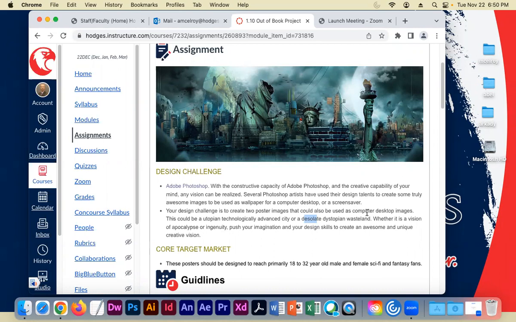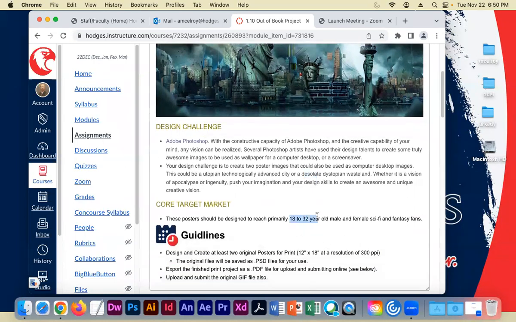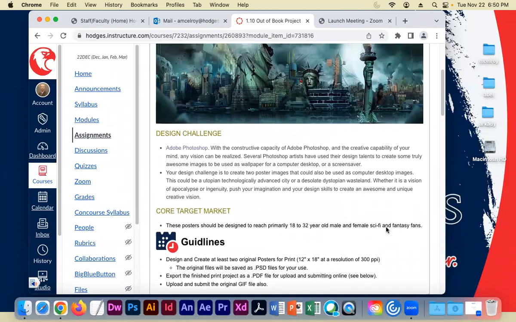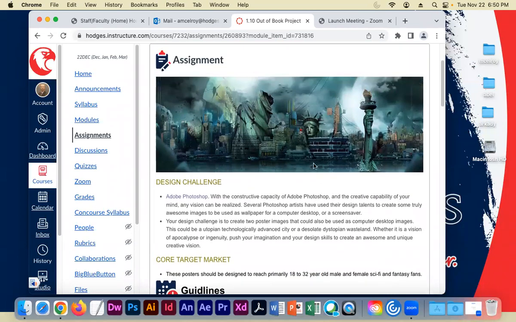So the kind of way you do things to create an image composition, there isn't a right or wrong answer to this. I didn't give it really as a branding project, one where you're selling a product or service. Yeah, you're targeting that 18 to 32, I would say fantasy or sci-fi type of consumer, but there's no product placement here.